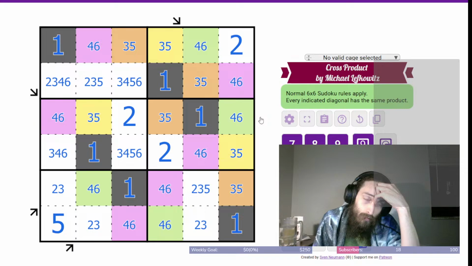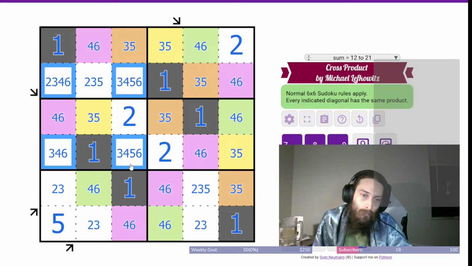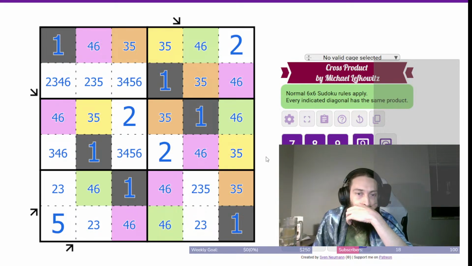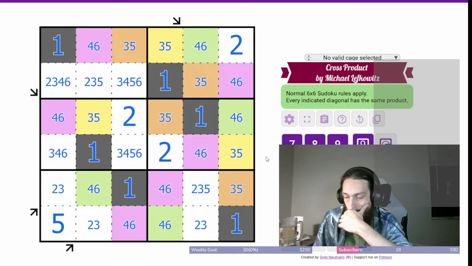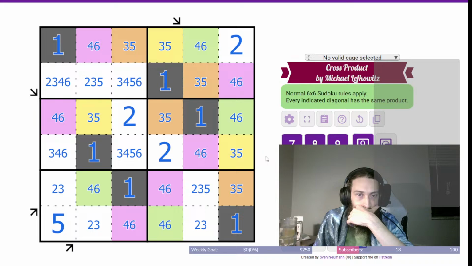All right. In order for purple, let's see.